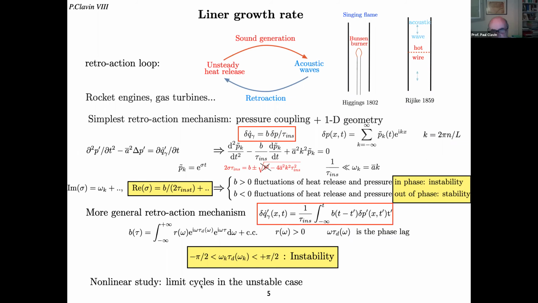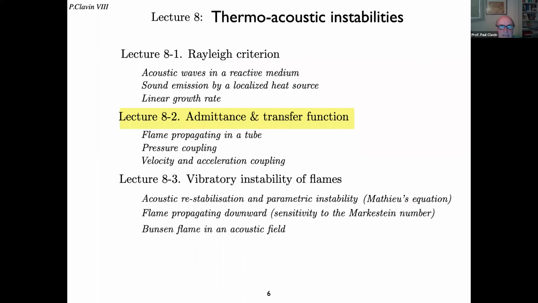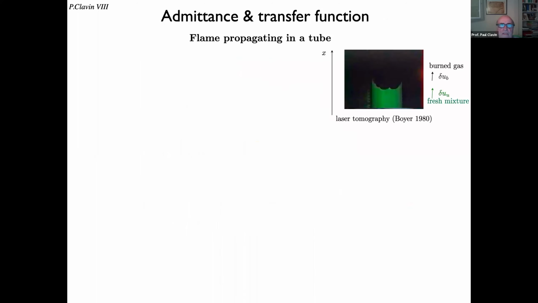Let me now go further in this thermoacoustic instability by introducing what is called admittance and the transfer function. We start with a very simple experiment that I have mentioned already: a flame propagating in a tube.